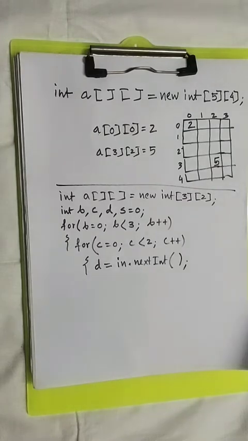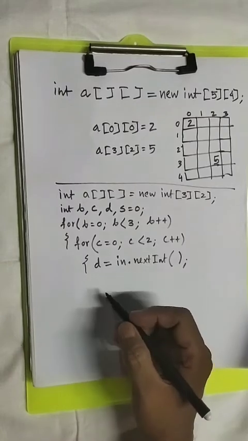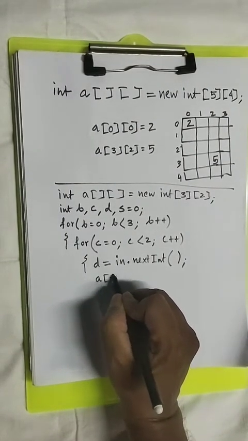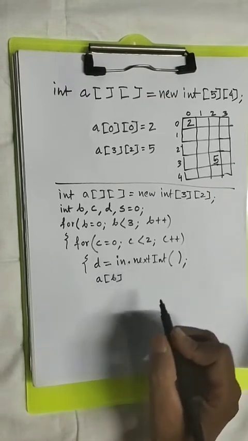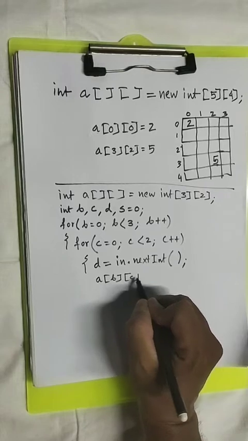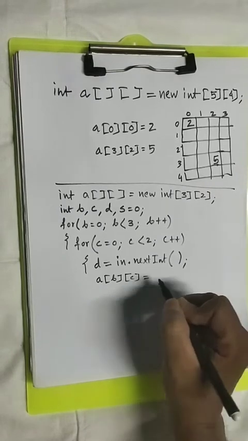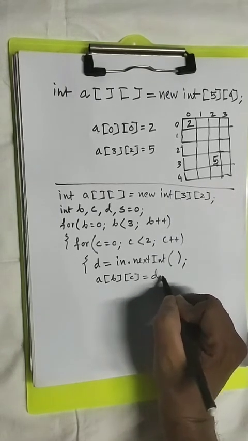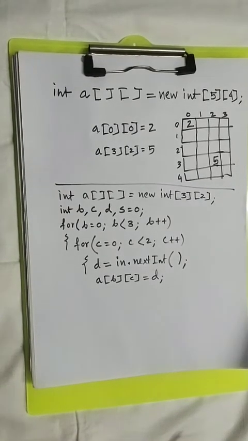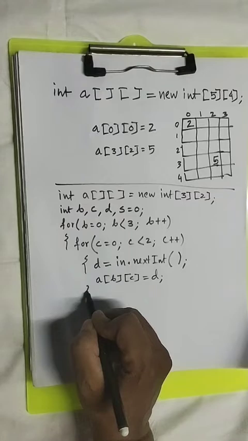Now this d I will transfer in the array. So I write a b, b is representing row number and c is representing column number. A, B, C equal to D. So the number which I have taken input now stored in the array.